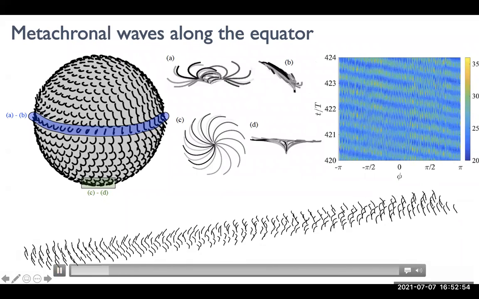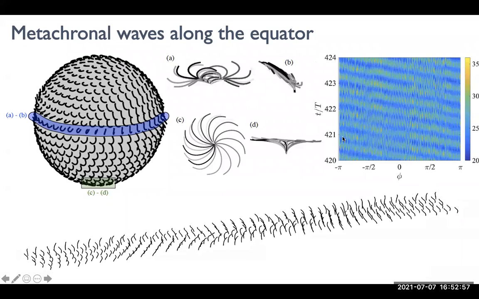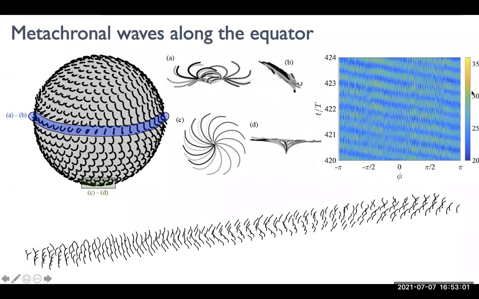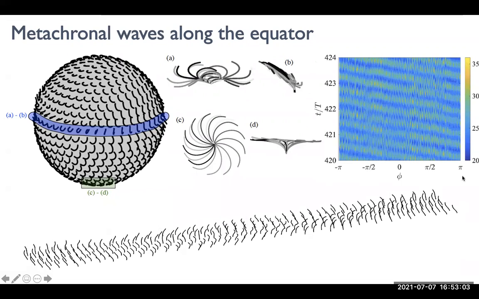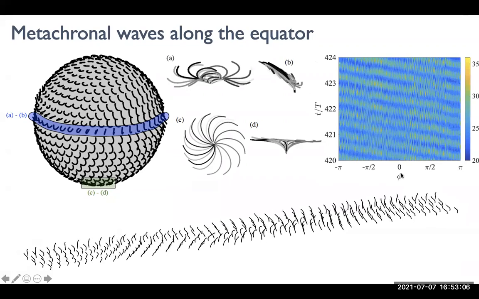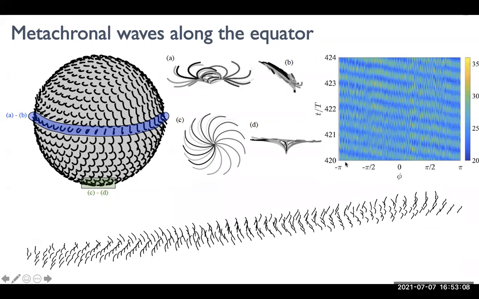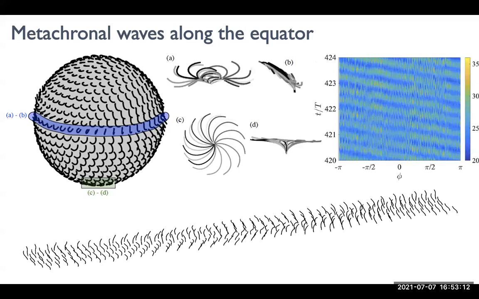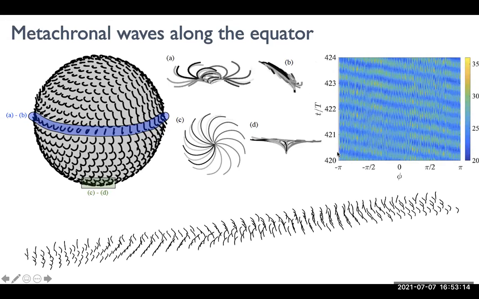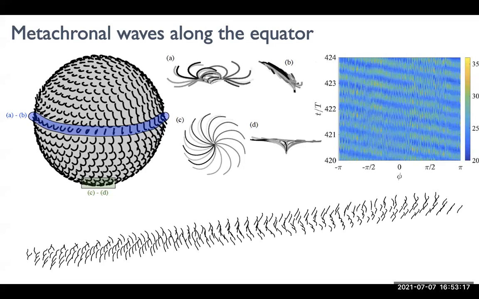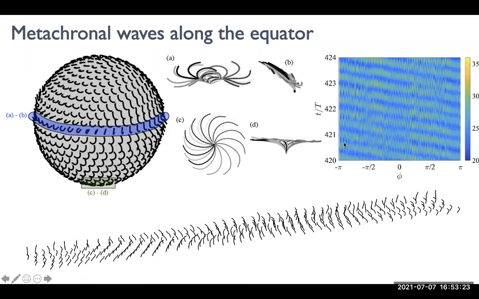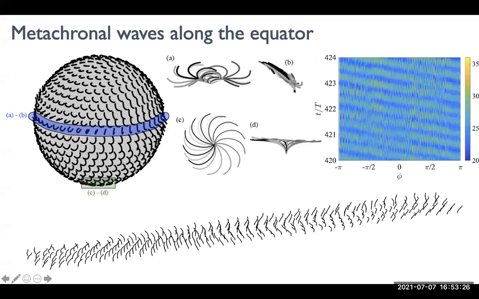Then the colors here show the tip height as a function of the azimuthal angle phi and as a function of time. You can see that you're getting a metachronal wave that propagates along the equator with a frequency, I think, twice that of our whirlers.